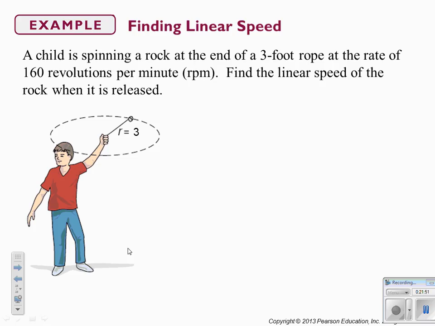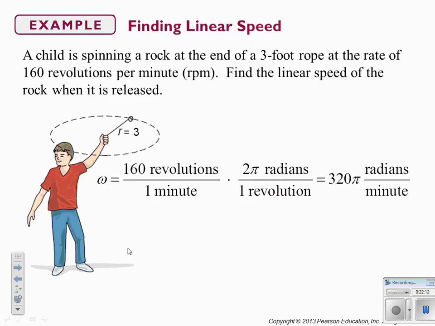So let's apply that. A child is spinning a rock at the end of a 3-foot rope after he gets in trouble by his mom for spinning a rock around his head at a rate of 160 revolutions per minute. Find the linear speed of the rock when it's released. So his little rope is 3 feet long. We know he's got 160 revolutions per minute.